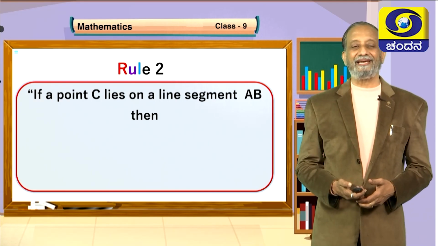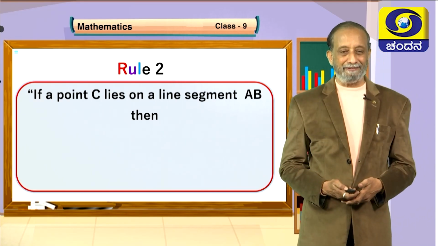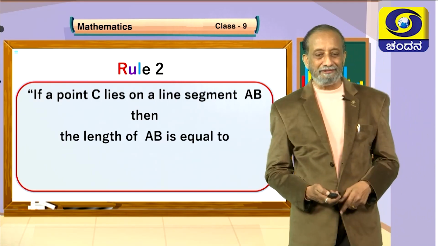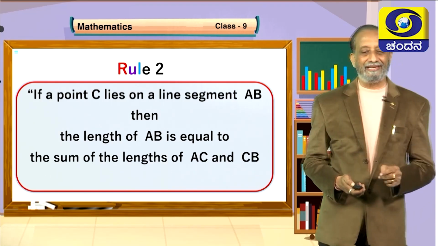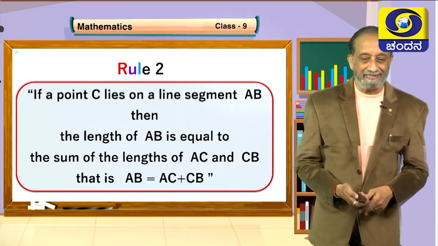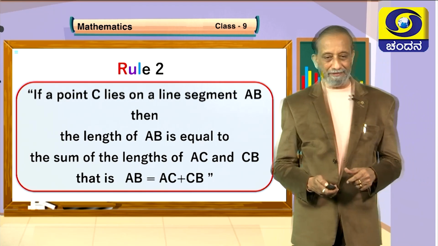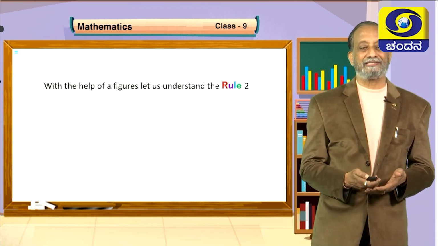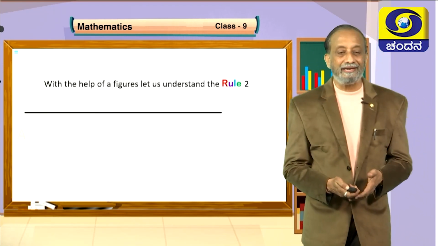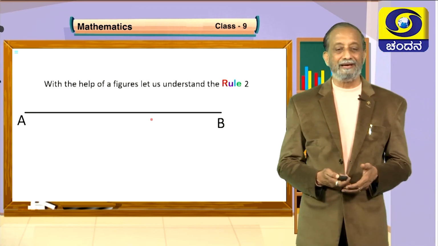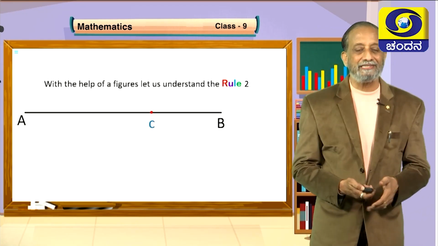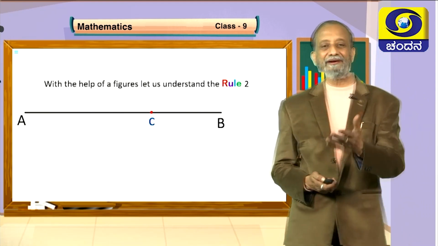Okay, if a point C lies on a line segment AB, then the length of AB is equal to the sum of the lengths of AC and CB, that is AB is equal to AC plus CB. I think a figure will help us to understand this rule. Okay, here is a line segment AB and here is some point C, arbitrary point anywhere on AB.